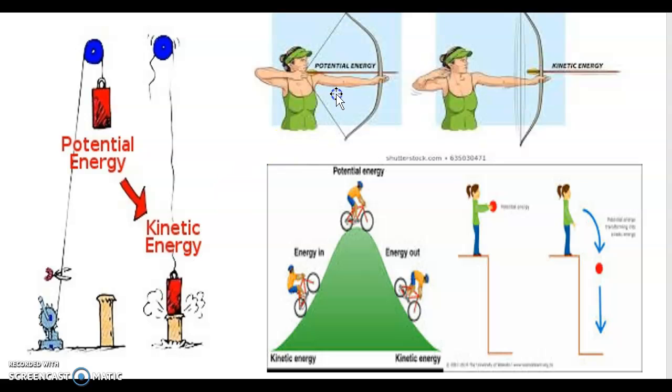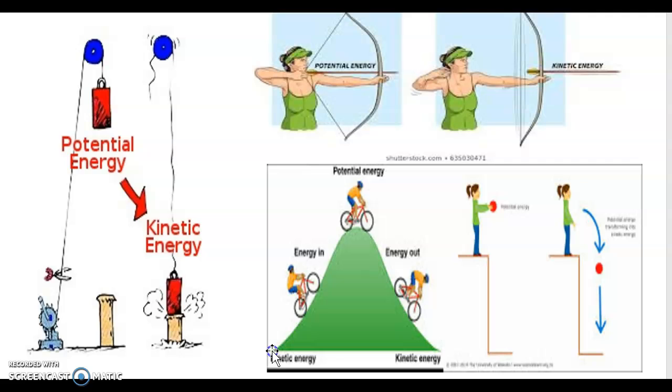The same as this. When this archer is preparing to release the arrow, it has potential energy. But once the archer releases the arrow and the arrow starts to move, the potential energy was converted to kinetic energy.